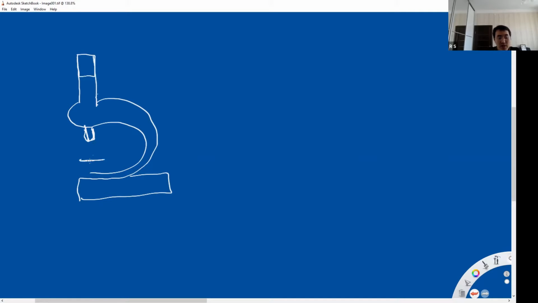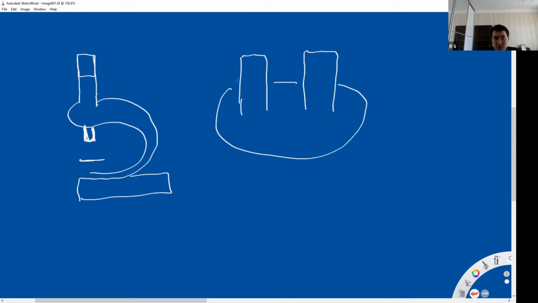So whenever we look at something, we obtain a single image or a single representation of the sample. We can have two eyepieces, but one objective. In this case, we still have one image, and we split it onto two eyepieces. So you can also see something like this.